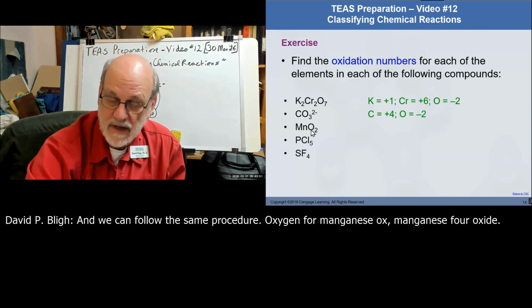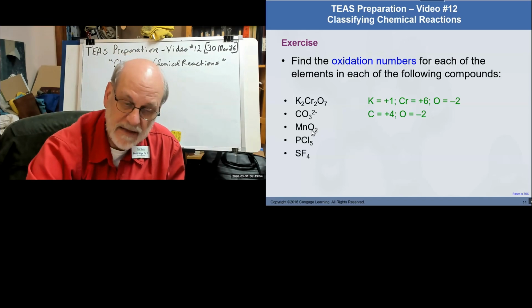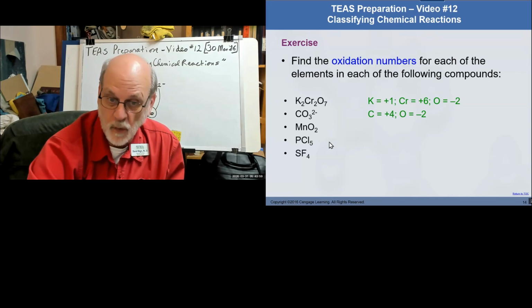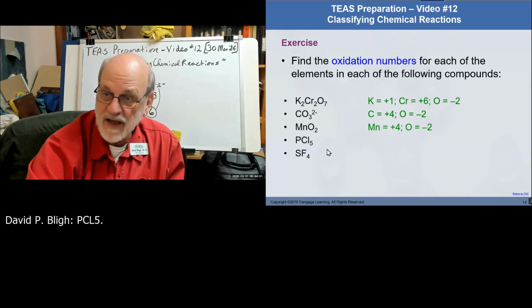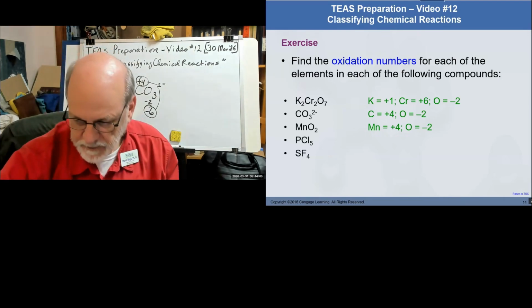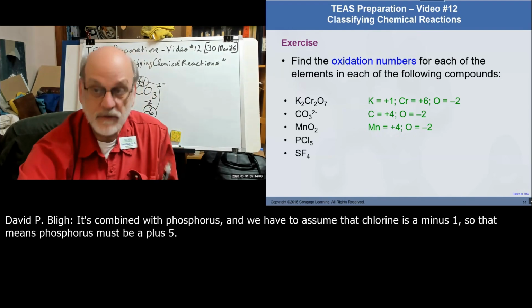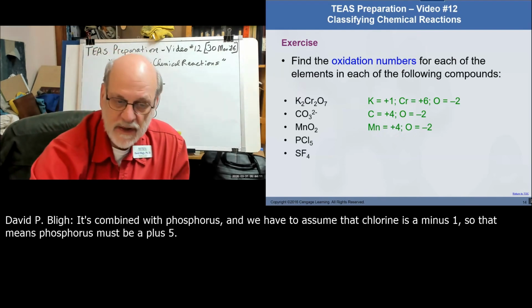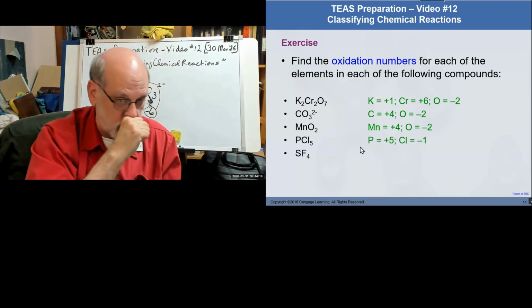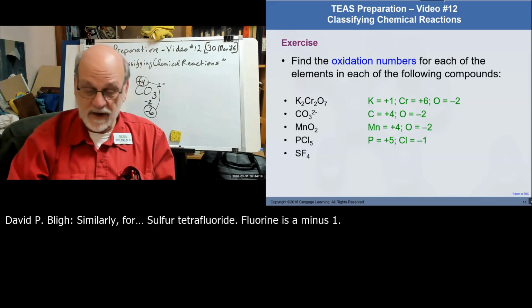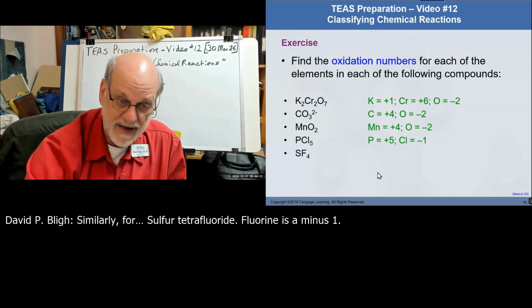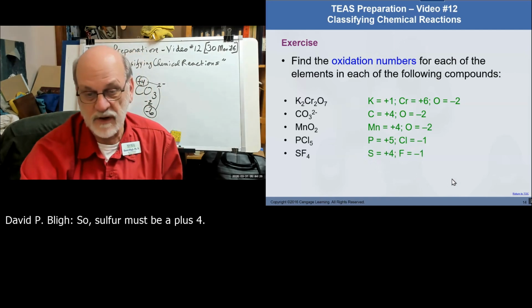Manganese oxide: oxygen is 2 minus, so manganese must be a +4. PCl5: chlorine is combined with phosphorus, and we assume that chlorine is a -1, so phosphorus must be a +5. Similarly, for sulfur tetrafluoride, fluorine is a -1, so sulfur must be a +4.